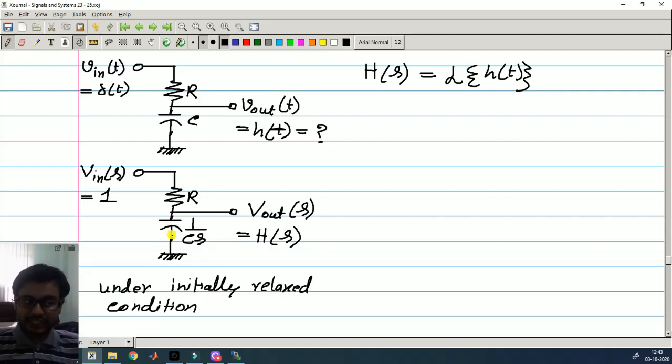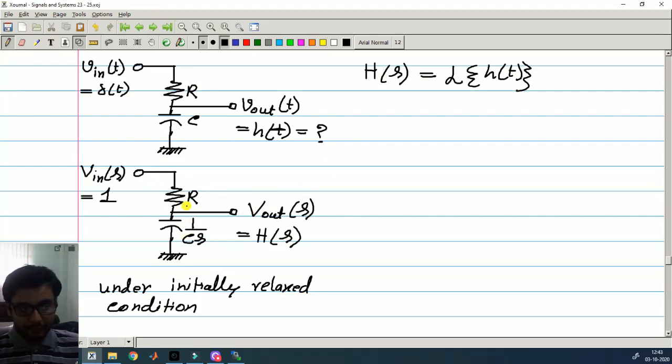And the S domain impedance of this resistance will be the same as R. Then you apply any circuit theory that you know.